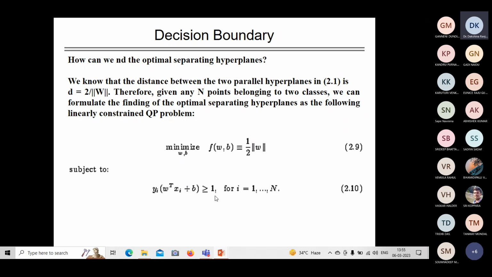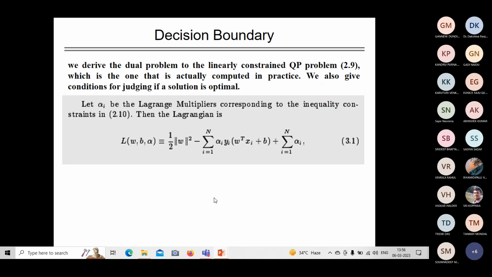If we take this 1 to the left hand side, then this entire term minus 1 equals 0. If we multiply alpha i with this constraint having two different terms, we get summation over alpha i yi into w transpose xi plus b, plus summation over alpha i, where i varies from 1 to n. Here n means the number of observations or feature vectors.